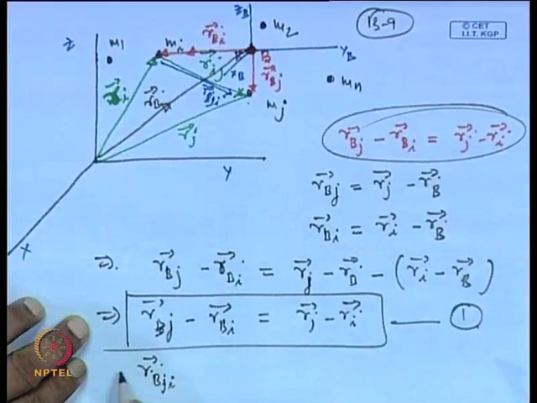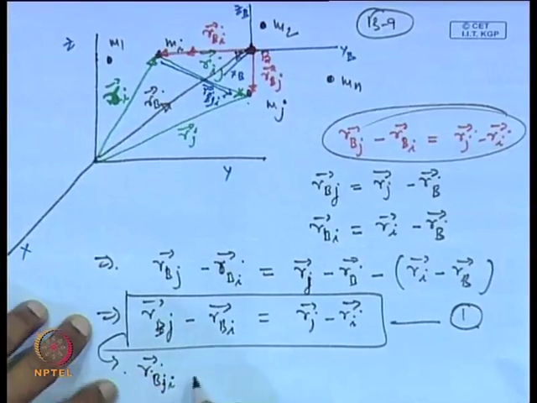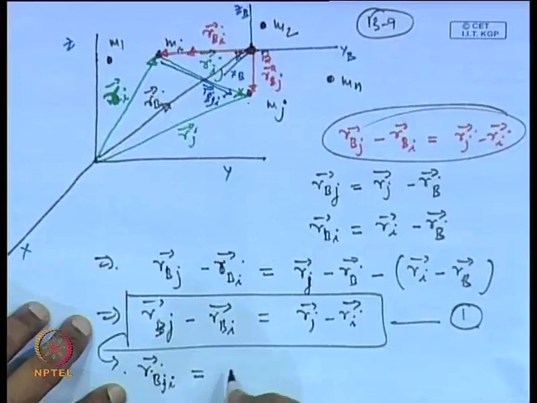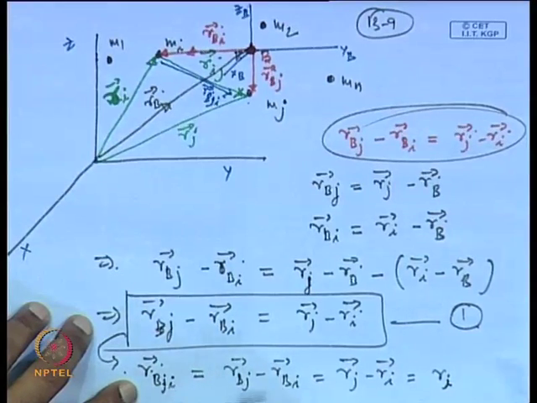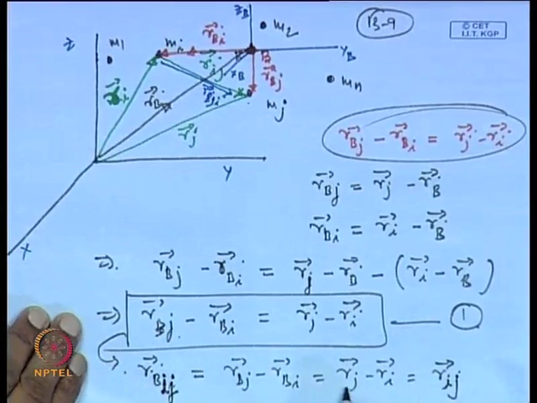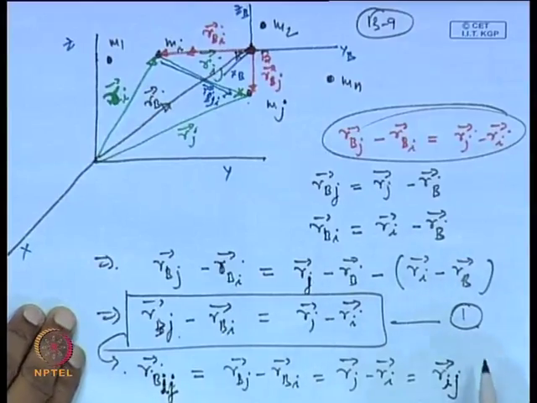So, this can be written as r b j I, this is equal to r b j minus r b I is equal to r j minus r I. Also this we write as r i j, directed from I to j. So, therefore, we put here I to j, not B j. Okay. So, therefore, r j minus r i is equal to r i j.